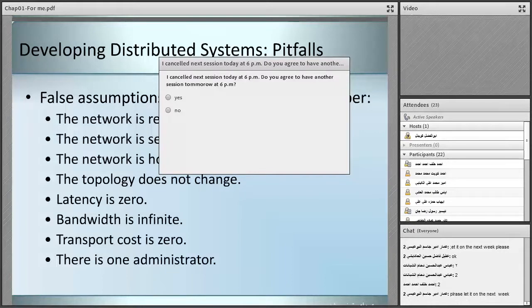Next week? Okay, so next week we can have 2 sessions, 4 p.m. and 6 p.m. Is it okay for you? Good, okay. So next week, remember, we have 2 sessions, 4 p.m. and 6 p.m. Don't forget it, please.